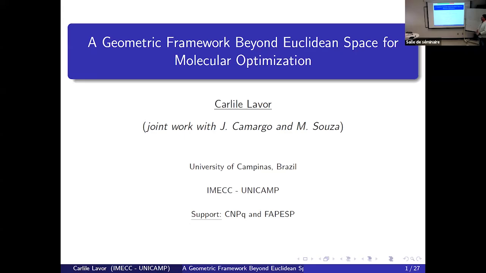The traditional way to represent the 3D space is based on R3 plus the inner product. This is what we call the Euclidean representation of the 3D space.